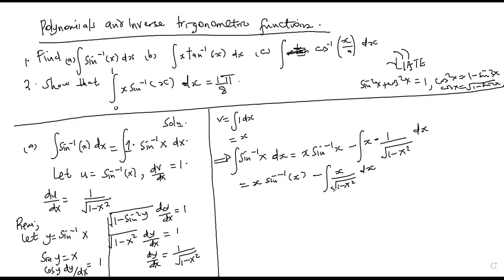First, work on the integral of this. For the integral of x over root 1 minus x squared dx, we can let u be equal to 1 minus x squared, so that my du is equal to negative 2x dx.